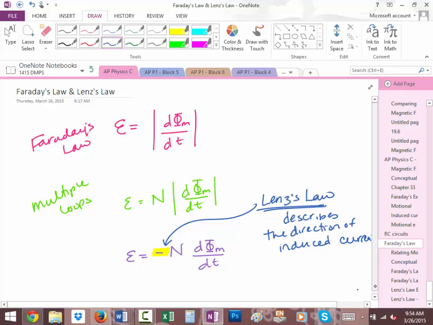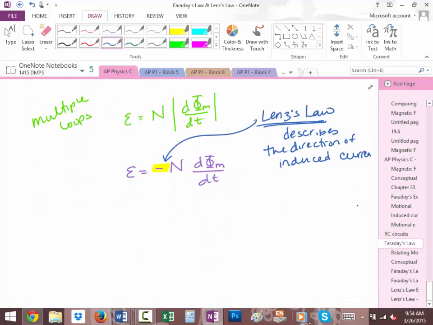The rule is as follows. I'm going to write it out in words. It'll be a lot of words and it might seem kind of weird, but then we'll try it out and see how it really makes sense.